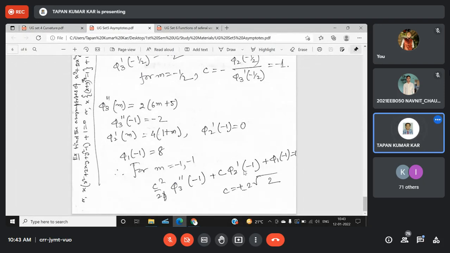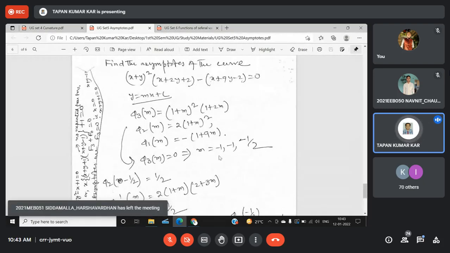But if there are repeated roots, then use the second special formula, half c square this. Okay, next I will take another example.